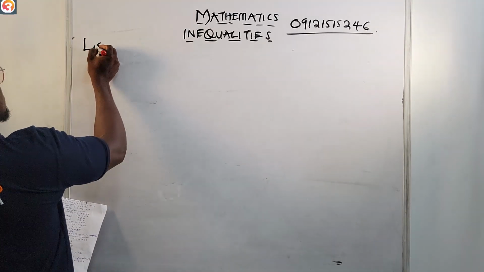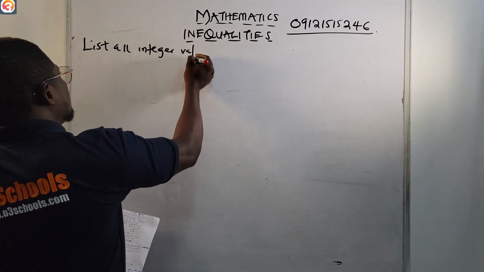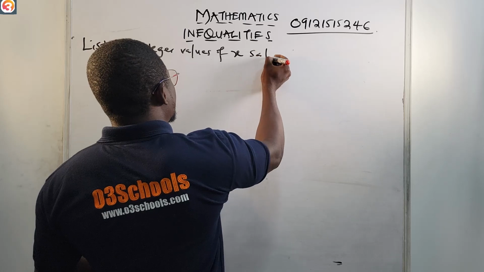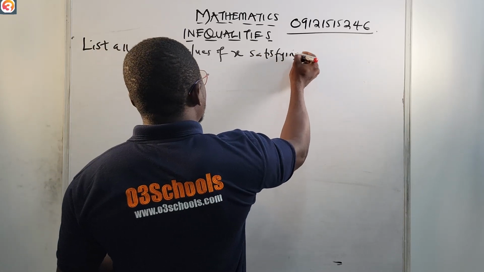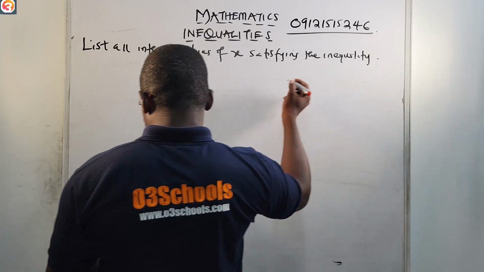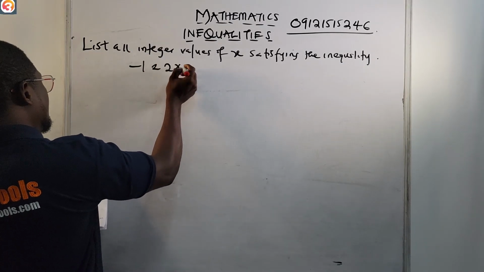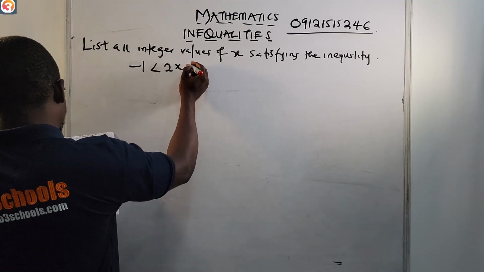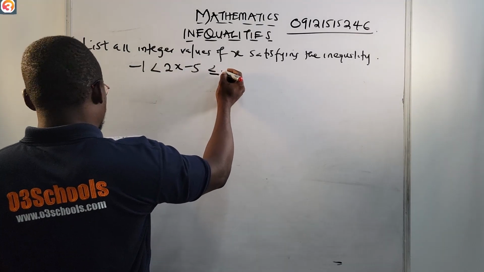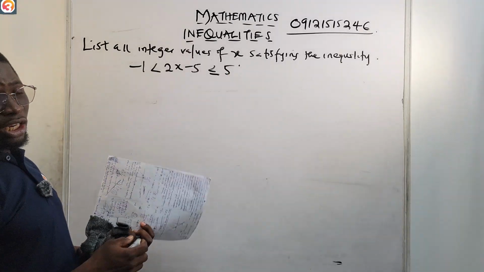We have minus 1 less than 2x minus 5, which is less than or equal to 5. So this is a question that also borders on splitting.